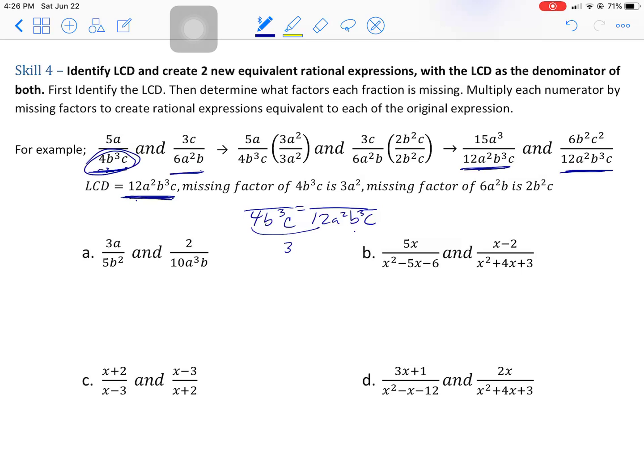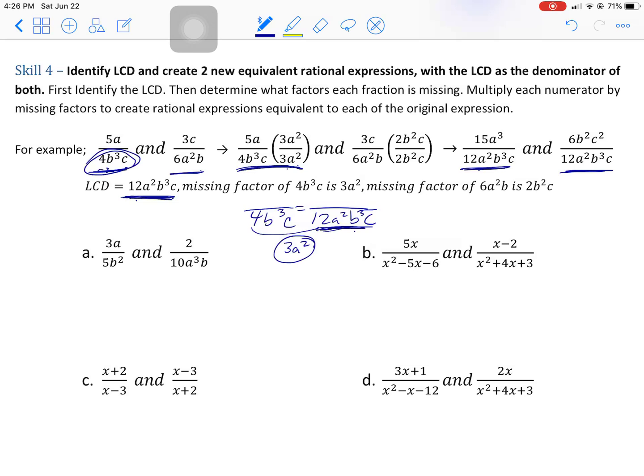And then 1c and 1c, so I didn't multiply by c either. Oh, wait a minute. I need some a's. a squared. So that was the factor that got multiplied here. Okay? So if you take that 3a^2, that's going to convert that 4 into the 12.